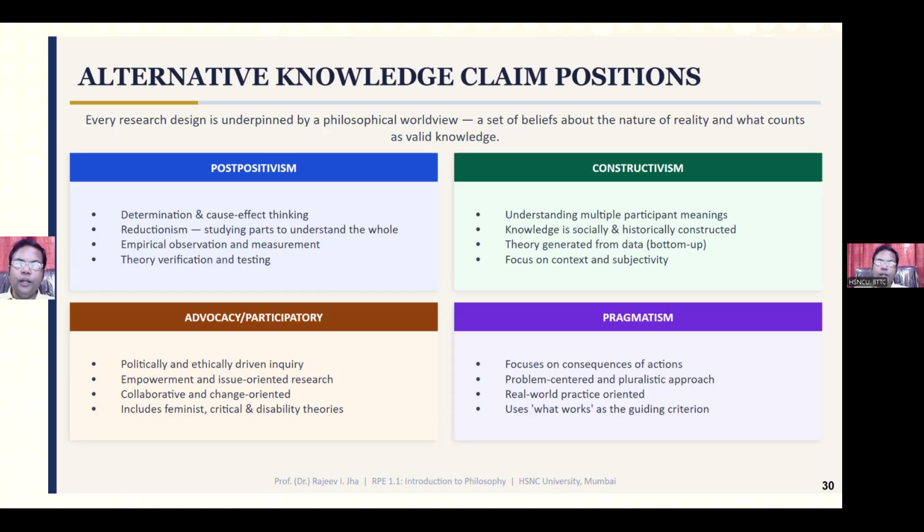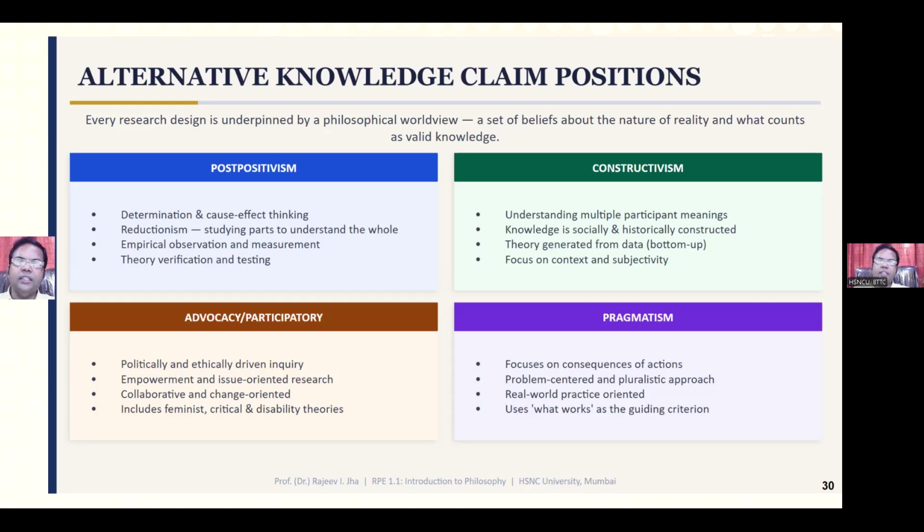Constructivism holds that knowledge is socially and historically constructed, that means it is generated through interaction between people and their contexts, not discovered as pre-existing fact. This worldview underpins qualitative research such as ethnography, phenomenology, grounded theory.